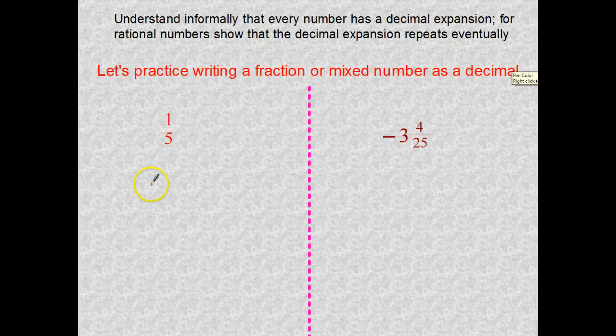It's always the top, 1, divided by the bottom, which is 5. That's your denominator. And we find out that 5 cannot go into 1. So what we have to do here is add a decimal, add a 0, bring the decimal straight up. So we know that 5 goes into 1 0 times.